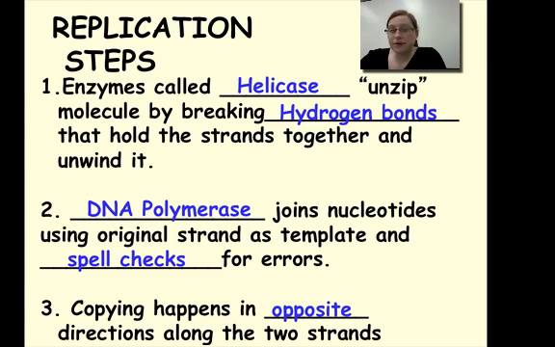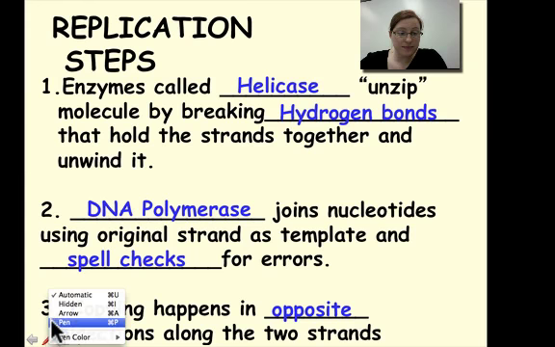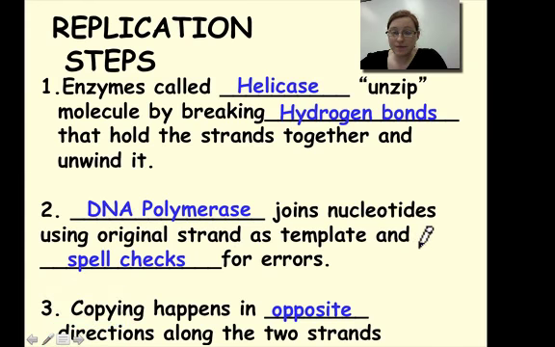So, for example, let me just draw a little replication fork at this point. This part of my DNA, let's say it's still intact. Sitting right here is my enzyme helicase.